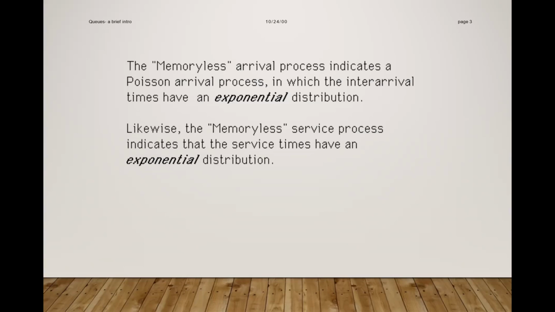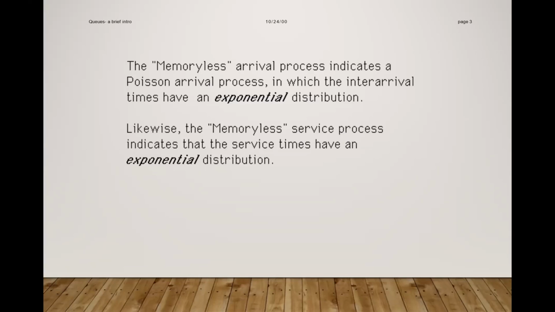So memoryless means that the arrival process is Poisson. Okay, so it means that for any period or duration of time, the number of observations in that time period is described by a Poisson distribution. Okay, and if that is the case, then we have a Poisson process.